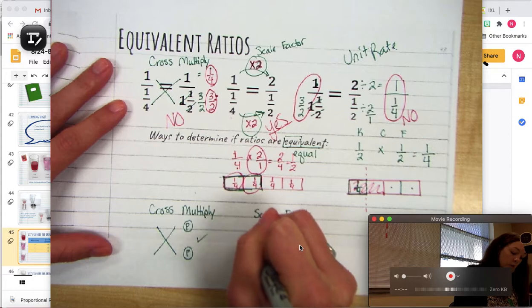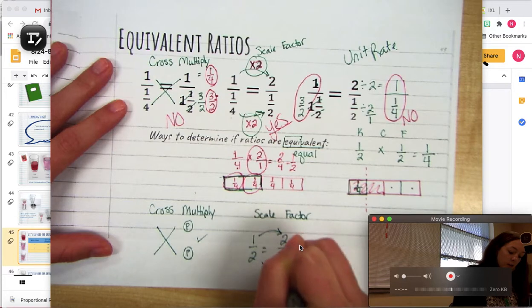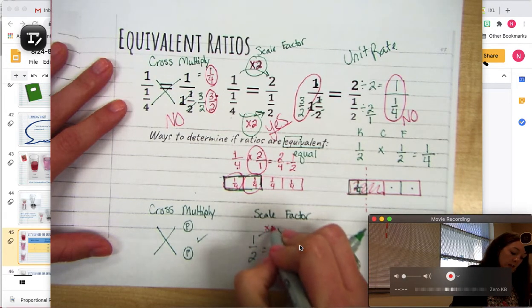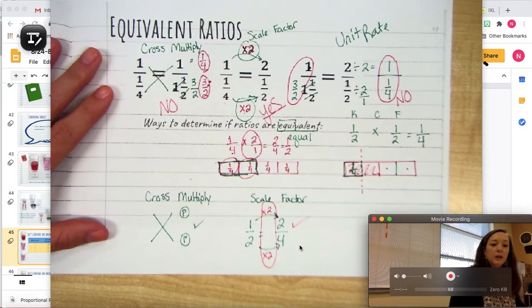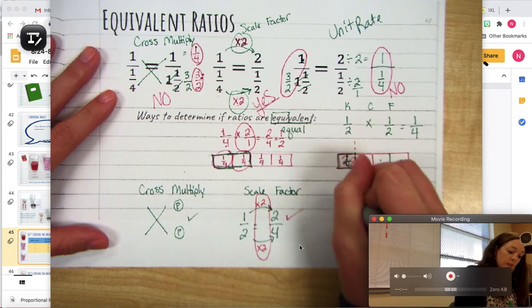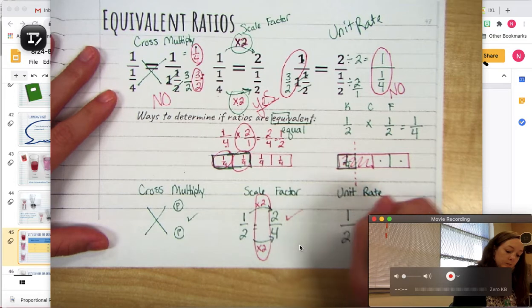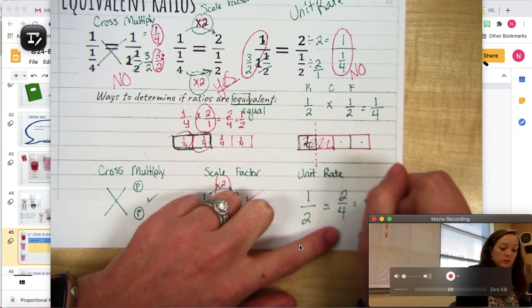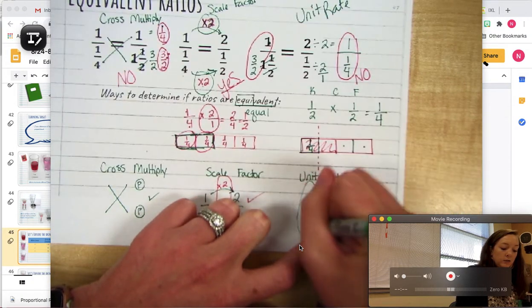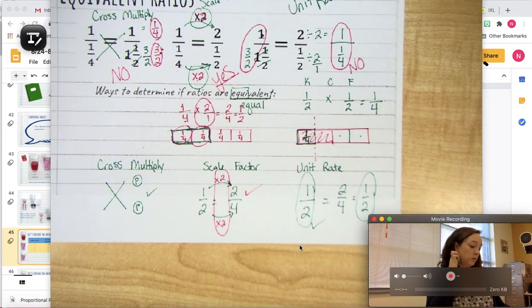So I'm going to say 1 over 2 is equal to 2 over 4. If my scale factor is the same number, then they are equivalent. And the last one would be finding the unit rate, or simplifying those fractions. So I know that 2/4 is equal to 1/2, and these two fractions are equivalent, so therefore they are equal ratios or equivalent ratios. All right?